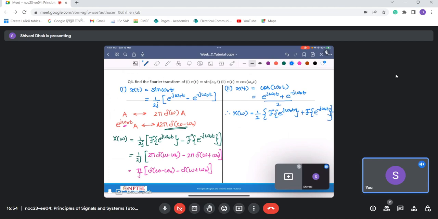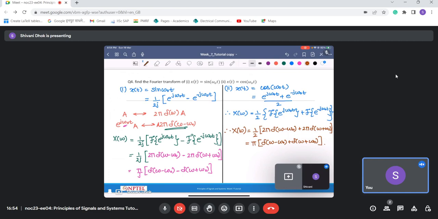Using the same logic, this comes out to be 1 by 2, 2 pi delta omega minus omega naught plus 2 pi delta omega plus omega naught, which is equal to pi, delta omega minus omega naught plus delta omega plus omega naught.